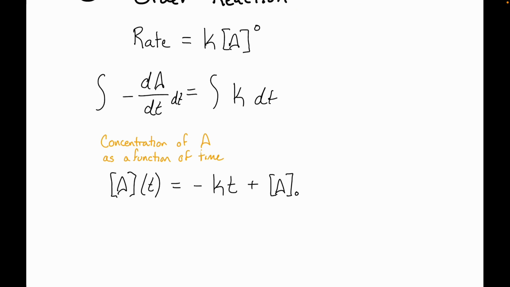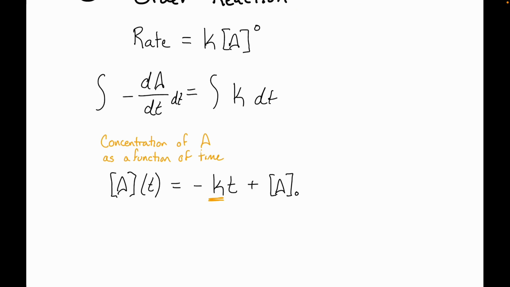If we do all that work and we figure out from that initial rate data what our rate constant is, then all of a sudden we can predict what's going to happen to the concentration of A at any point in the future. That's what this function is going to do for us. If we know k, then we can plug in any time and figure out what the concentration of A will be. That's what this equation is.